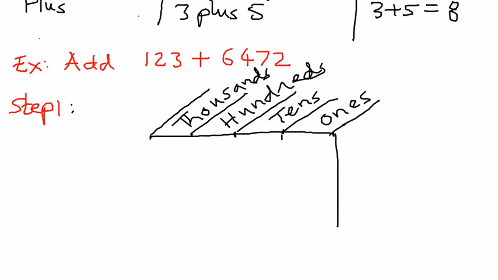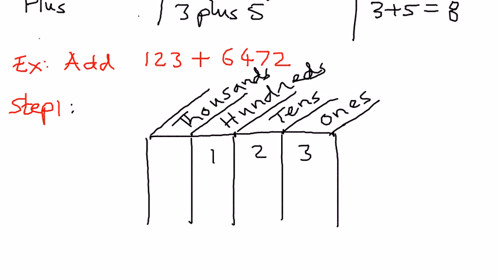So the numbers we have here, we're going to place them here. 123 is the first number, and we want to add that to 6472.